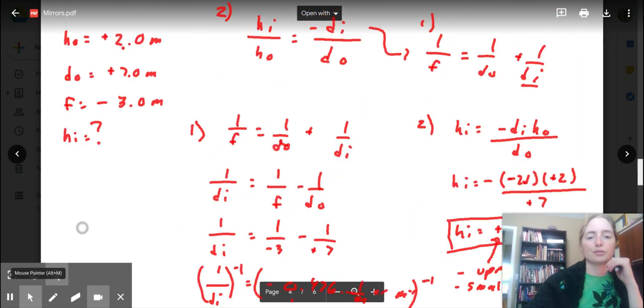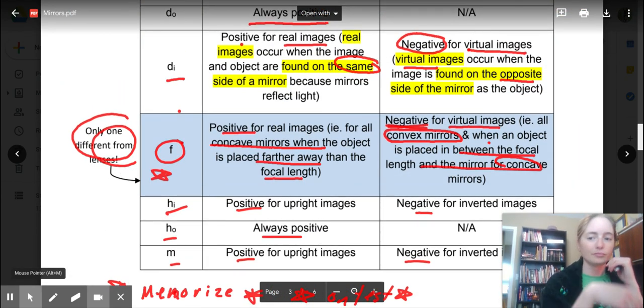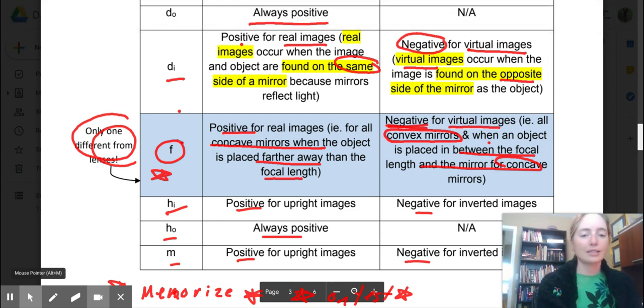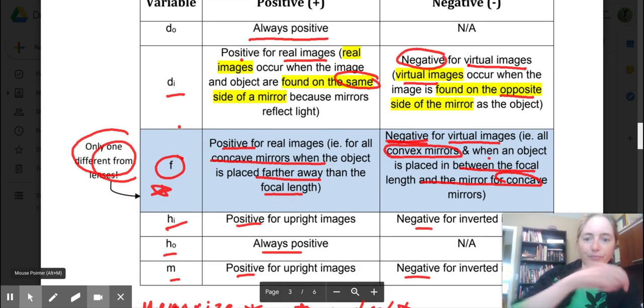Scroll, scroll, scroll. There we go. We are here. Now, notice that this here, ladies and gentlemen, gives us some good information. So we've got our type of image. There we go.